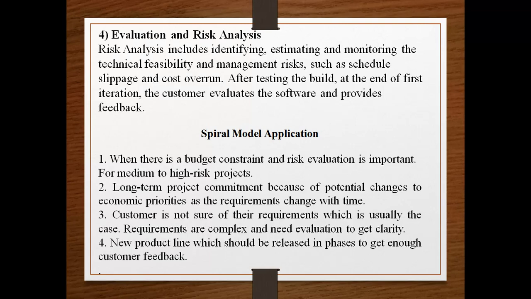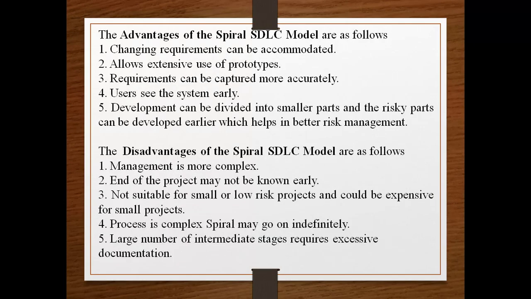A new product line should be released in phases to get enough customer feedback. So this is the application of your spiral model. First is your budget constraint and risk evaluation, then potential changes in economic priorities and requirement changes with time. The customer is not sure about what exactly he wants, and a new product is to be released in phases for the customer's feedback.